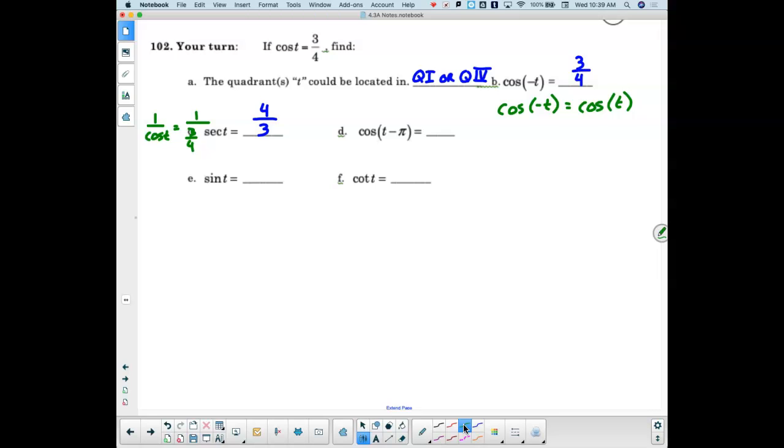Cosine of t minus pi is going to be negative cosine of t. So what is the answer to D?